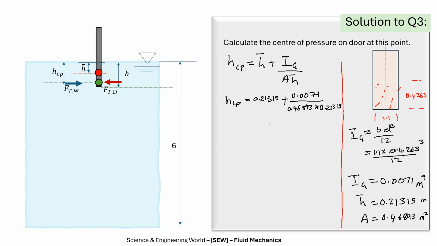This gives us 0.21315 plus 0.071. Therefore, HCP equals 0.2842 meters.